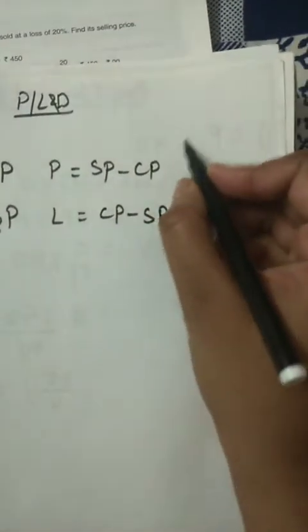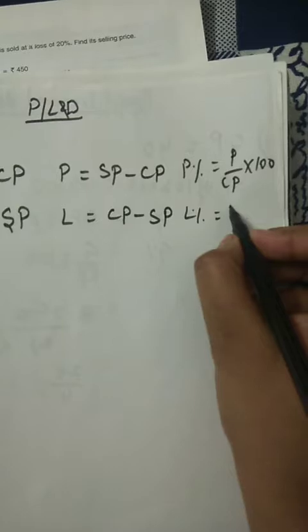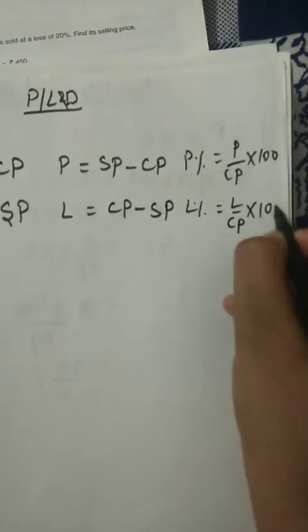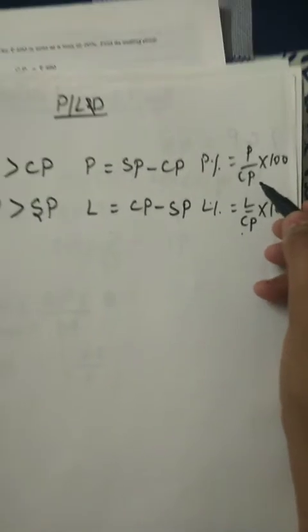Now for finding profit percent, it will be profit upon CP into 100, and loss percent will be equal to loss upon CP into 100. We always write CP in the denominator in both the cases. It means profit and loss percent are both calculated on cost price only. I hope it is clear up till now.